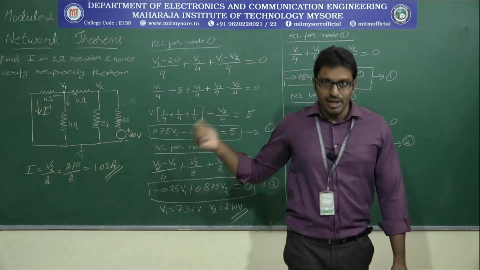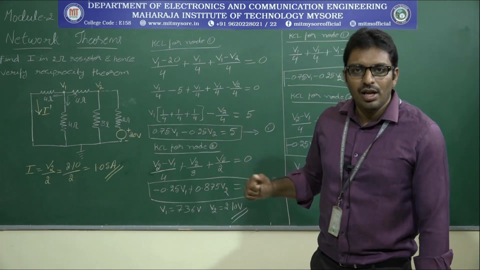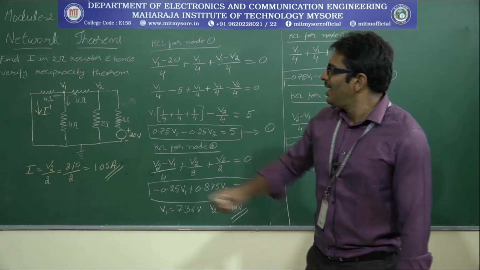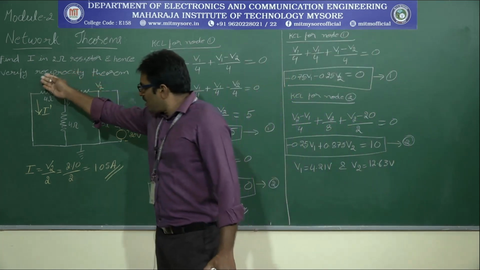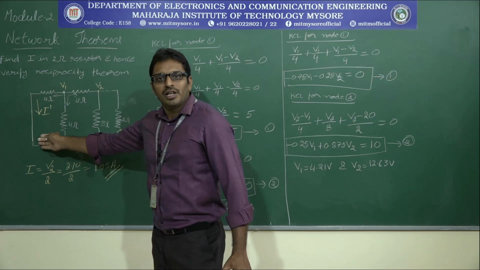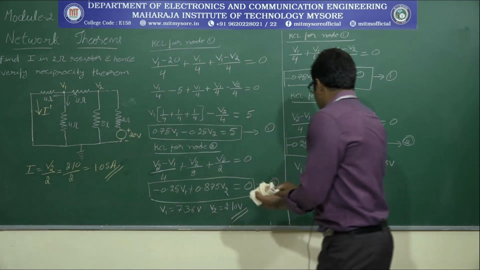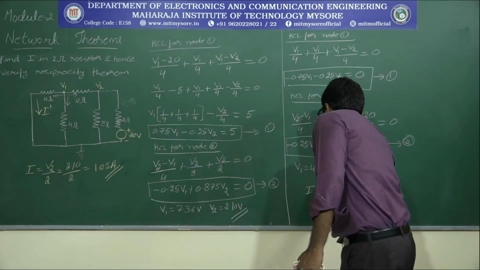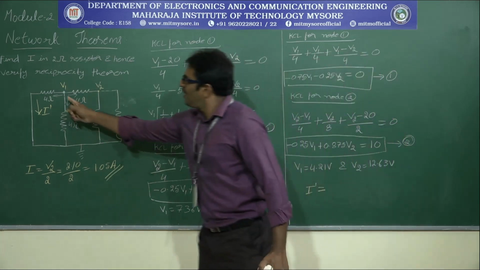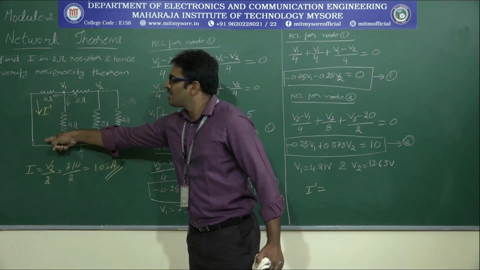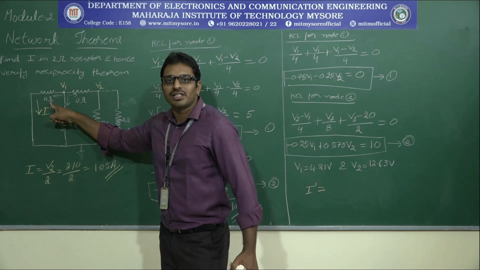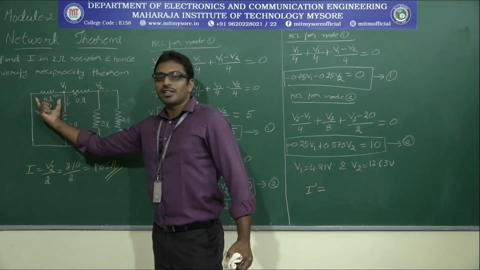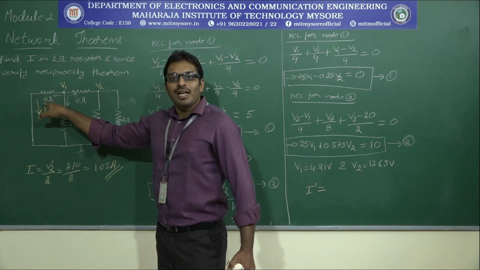Now in order to prove the given circuit is reciprocal, we have to find the current at the previous position of the voltage source, and call it I dash. How do we find the current in this branch? In the 4 ohm resistor, it is the potential difference across the 4 ohm resistor divided by resistance.